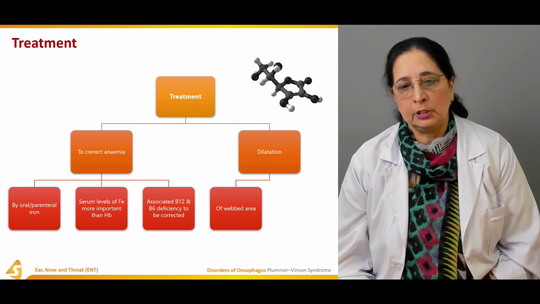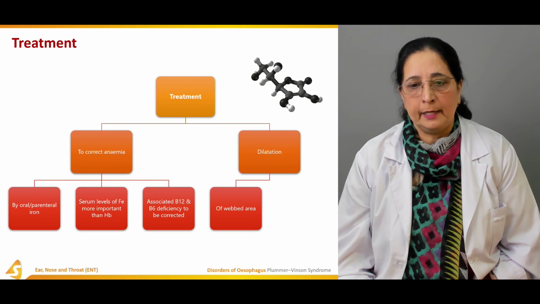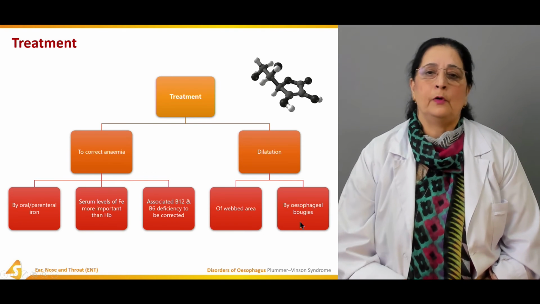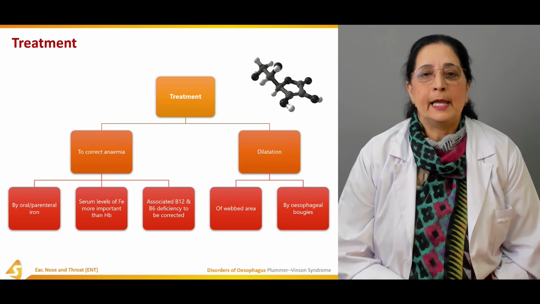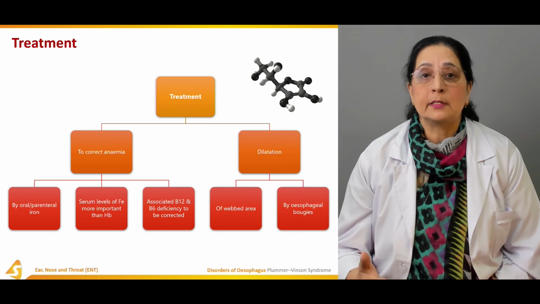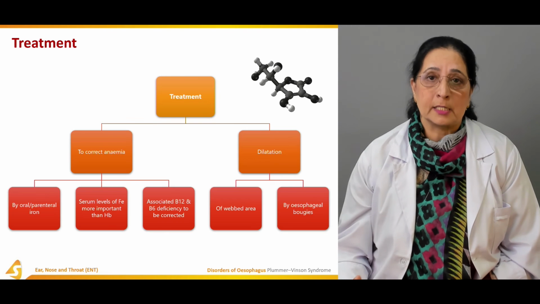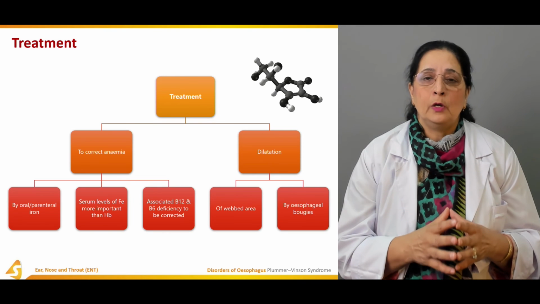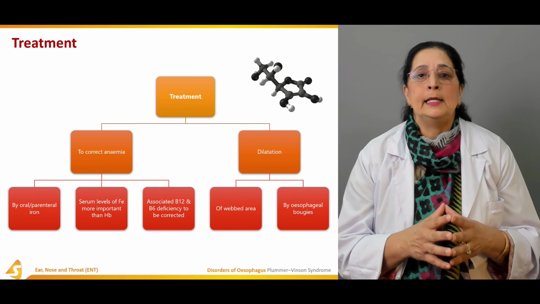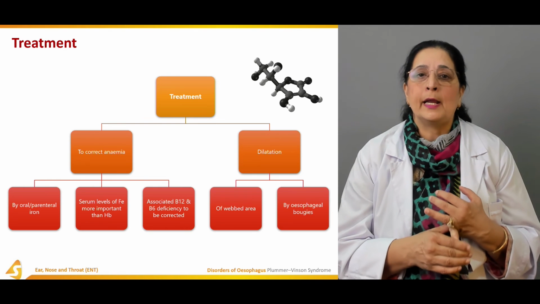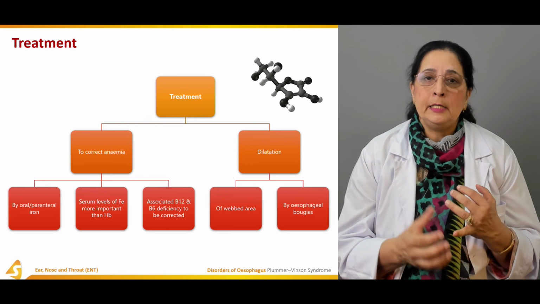Dilation of the webbed area by esophageal bougie. If there is formation of a web in the post-cricoid region, which in 10% of the cases can progress to carcinoma, that should be treated by dilatation with bougies. The important thing is to correct the anemia.